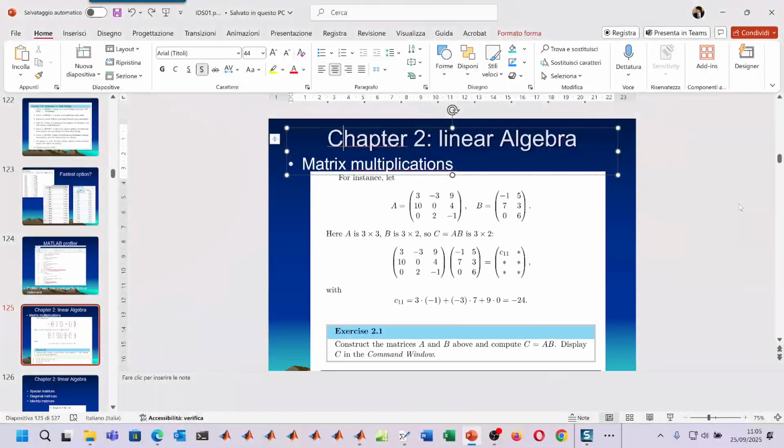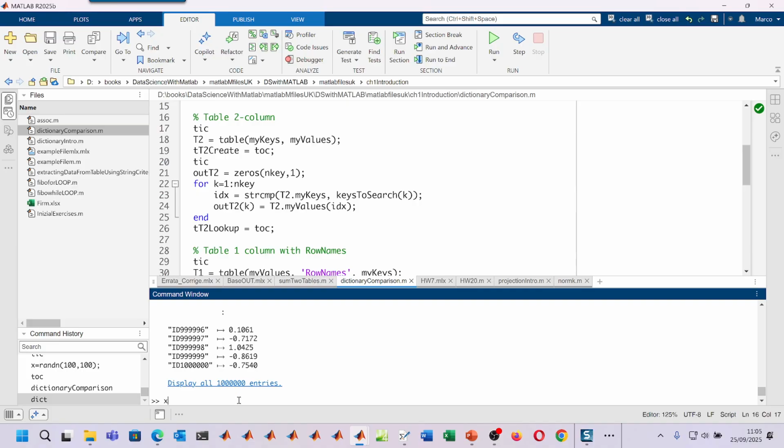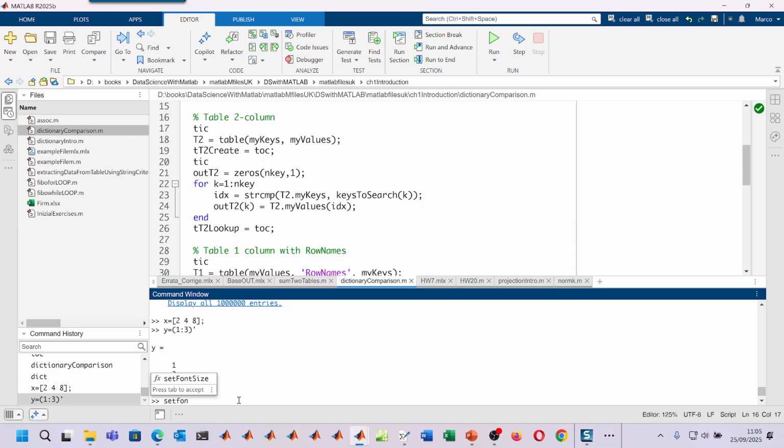So then that said, if I have x which is equal to 4, 8, and then if I have y which is 1, 3, let us do set font size 14.